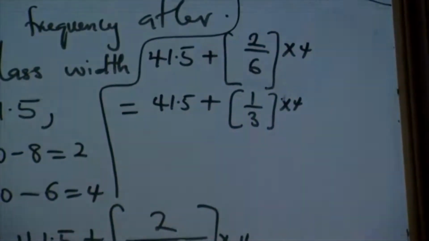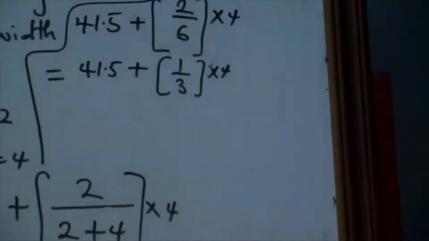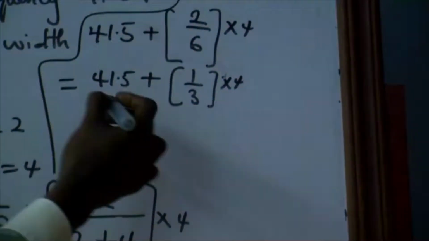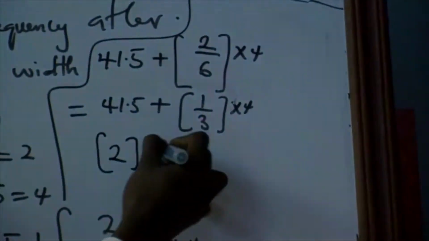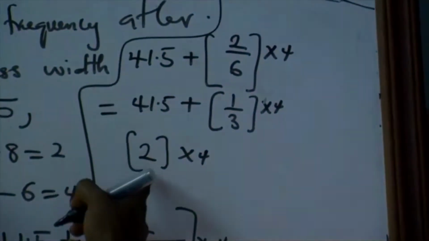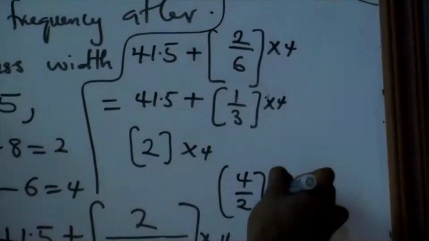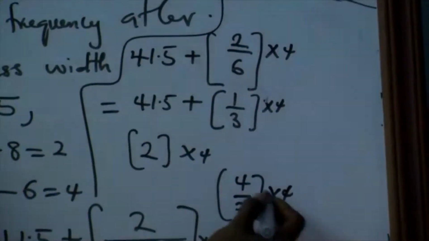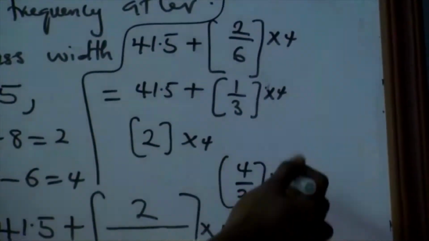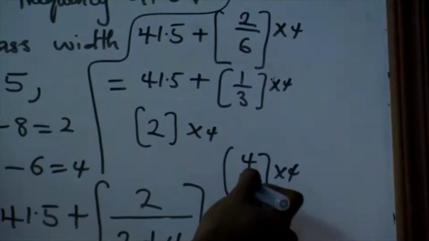Now I need to emphasize that this 1 over 3 is not two numbers. We have 1 over 3, and that is a single number. Just like if I have 2 in the bracket times 4, I could have also expressed this as 4 over 2 times 4, which is also 2. I don't have to multiply 4 times this and use the 4 to multiply 2 again.